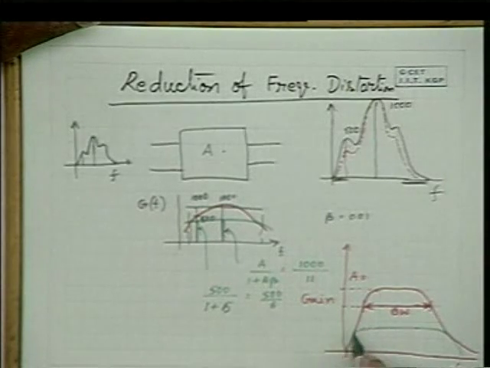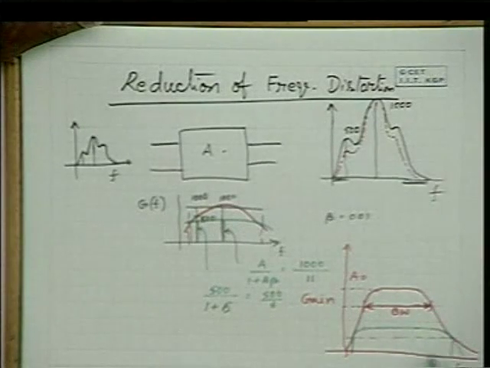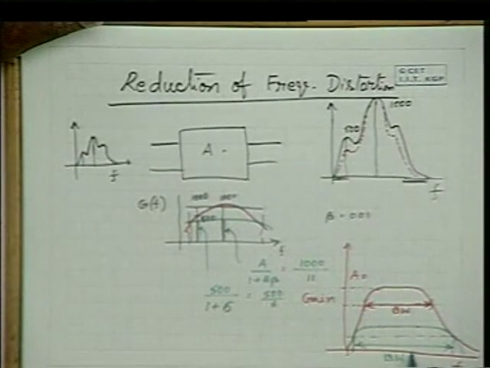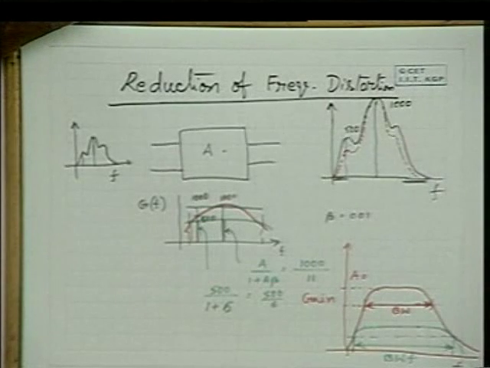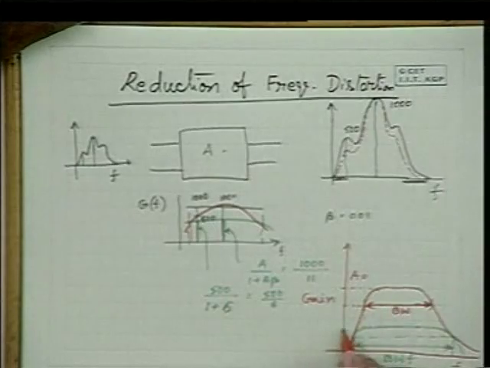And now for this amplifier, the 3 dB bandwidth is, say, this. So this is the bandwidth with feedback. Please note that the lower cutoff frequency decreases and the upper cutoff frequency increases with feedback. So this is achieved at a loss in the gain.